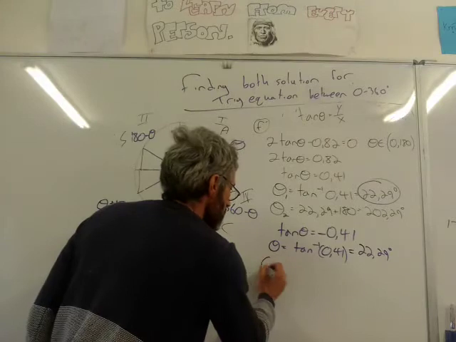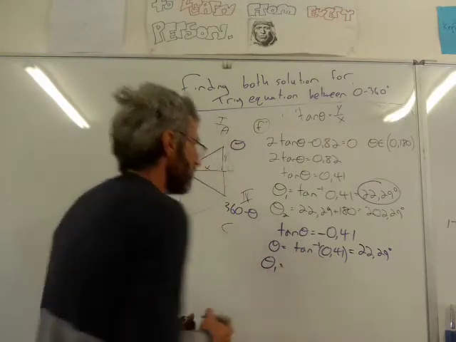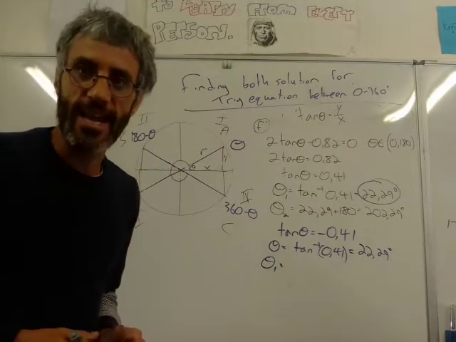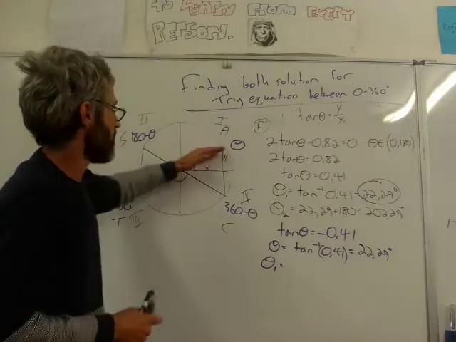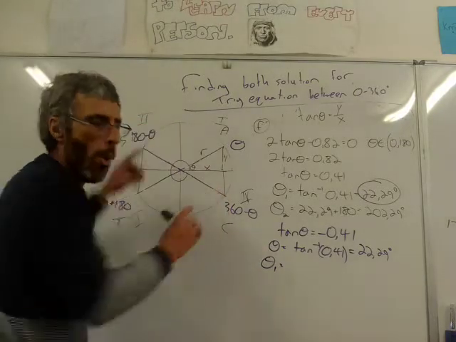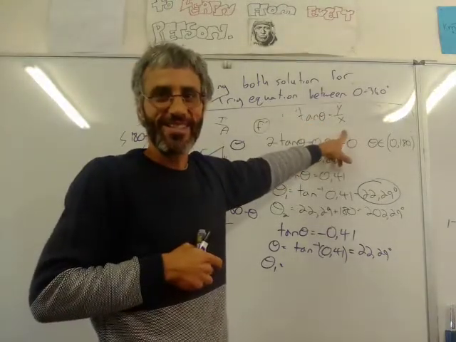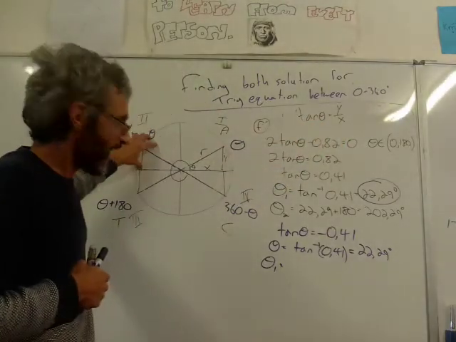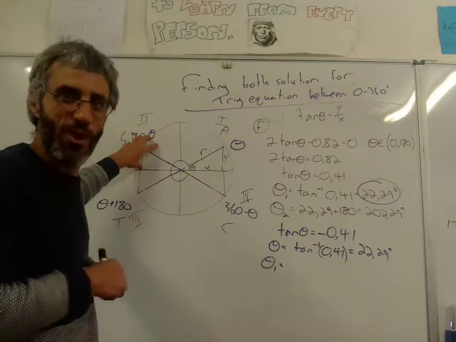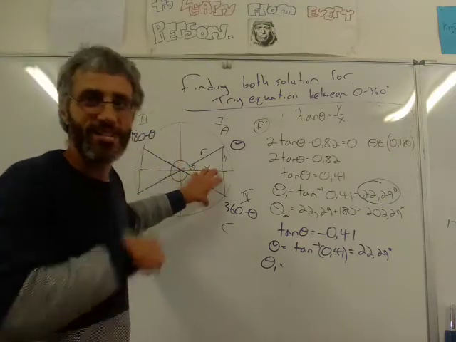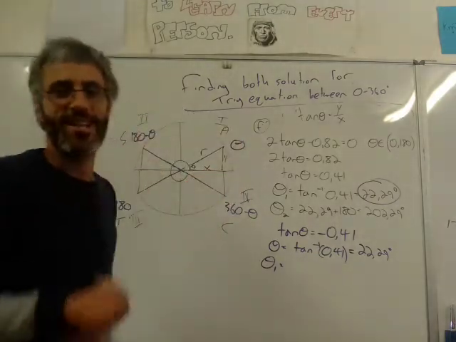We need to figure out where tan is negative. If it's positive here and here, then it will be negative there and there. Why are they negative? Tan is y over x. Here, x is negative and y is positive, so y over x will be negative. Here, x is positive and y is negative, so again tan will be negative.